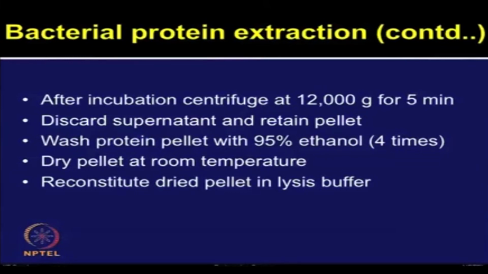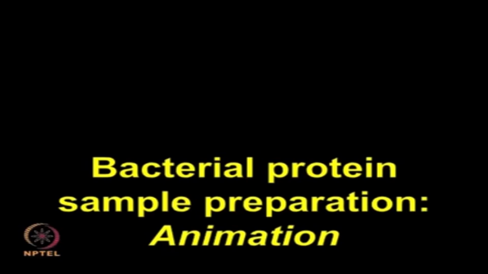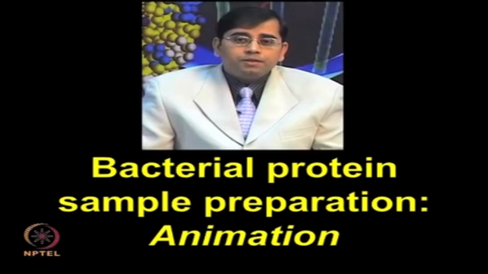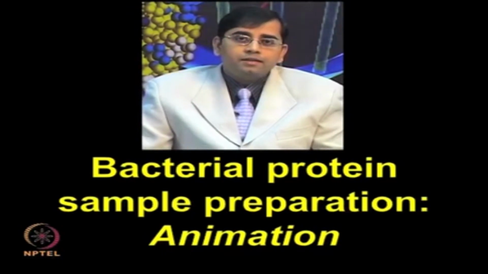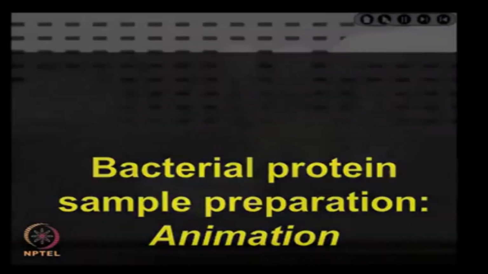Or if you want to analyze on SDS-PAGE, you can add the Laemmli buffer. So, depending upon your application, you can reconstitute the pellet in the right buffer composition. Now let me show you the bacterial protein sample preparation in interactive animations.